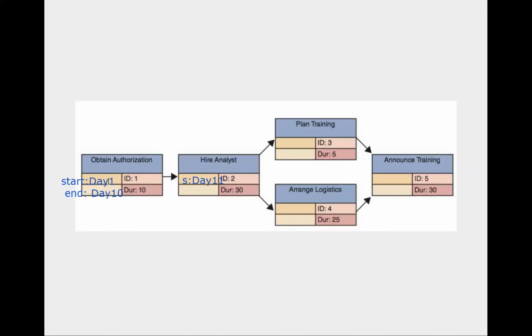Yes, we are trying to plan. So the first one is day 1. We finish day number 10. Now this starts with day number 11. So what is the end date? That was the question. Let me put E for end. Day 40, right?